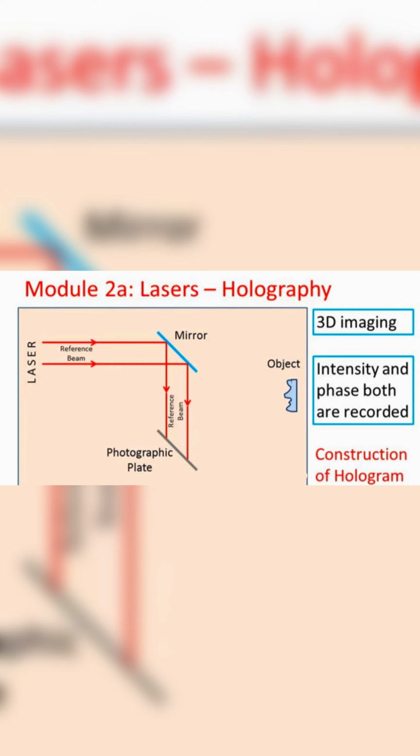In normal photography, we record only a two-dimensional image, only the intensity of the light waves which are reflected from the object. But in holography, we get a three-dimensional image, that is a three-dimensional imaging technique. Here we record both the intensity and phase of the light waves reflected from the object, so it is a complete recording.